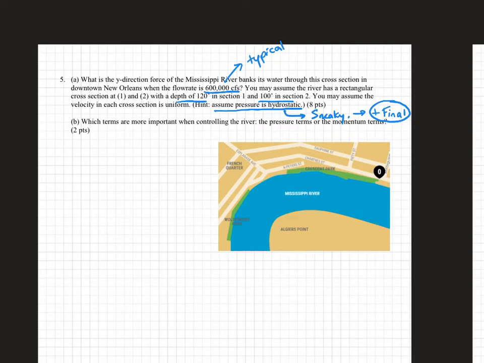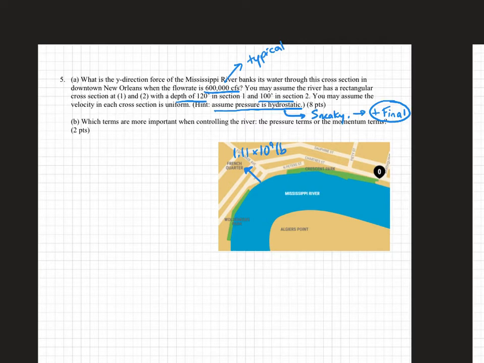But the total answer, if we solve it all the way, in this bend with these numbers that I made up, which are fairly typical, is 1.11 times 10 to the 9th pounds, kind of off in this direction. That's what the levee and whatever's beneath the levee is supporting, which is pretty awesome. It's just crazy to think about.